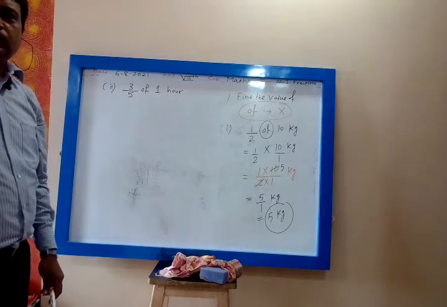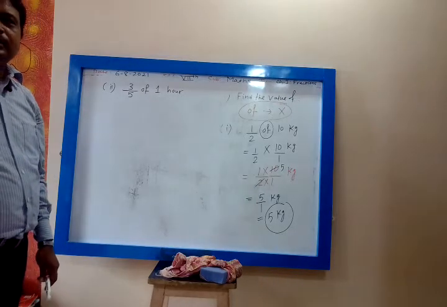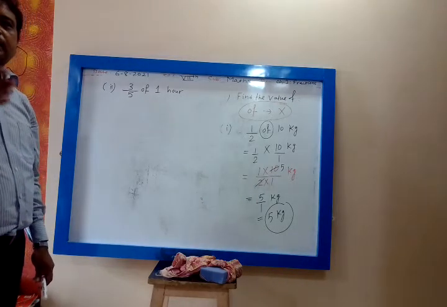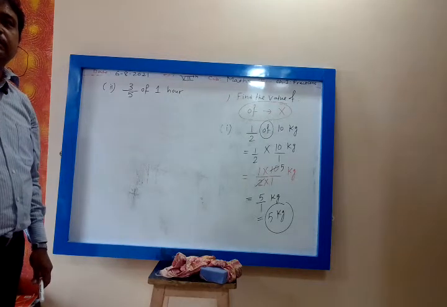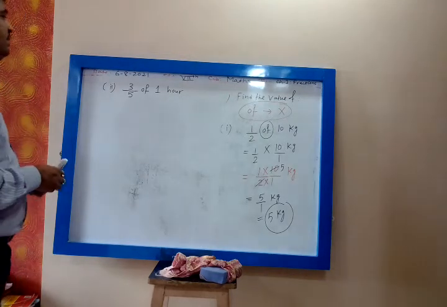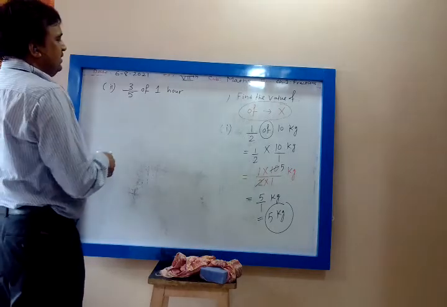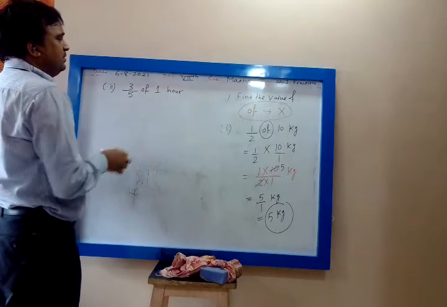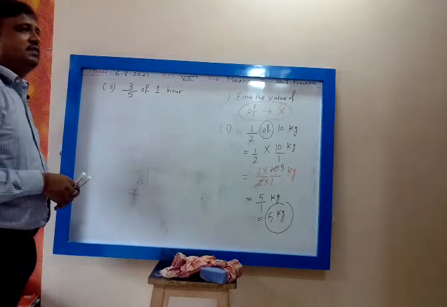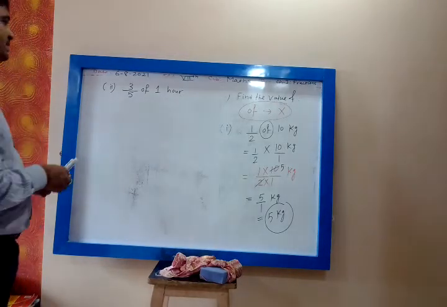See, 1 hour means 60 minutes, no? When you take 3/5 of 1 hour, it will not be in hours, it will be in minutes, my dear. Because you are taking the fraction of 1 hour, no? So a fraction of 1 hour will not be in hours, it will be in minutes.